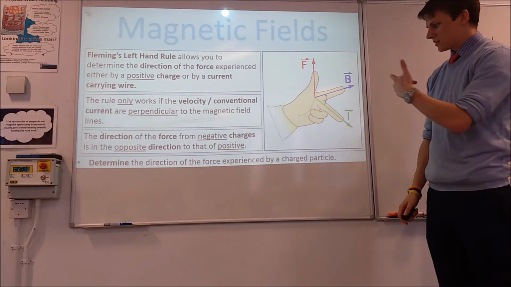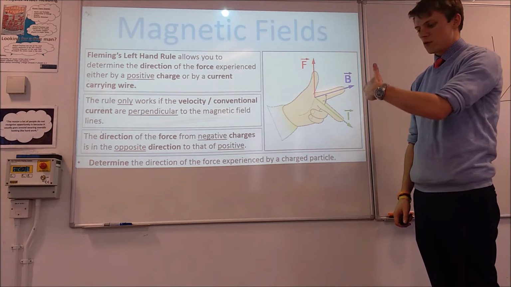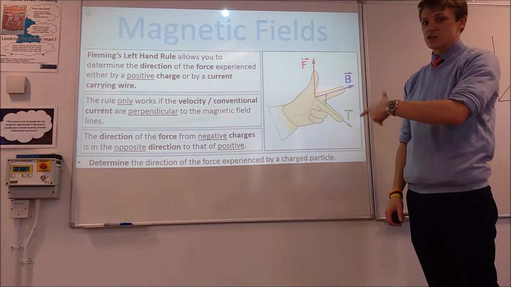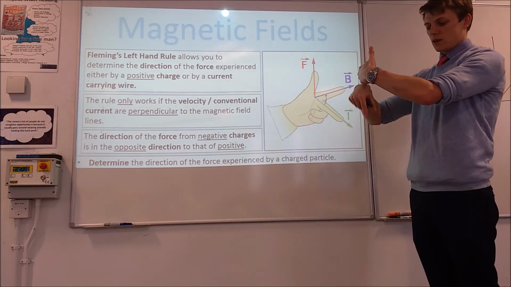This will tell us the direction of the force on a positive particle. If we want to know the direction for a negative particle, it's just going to be in the opposite direction. So if your thumb's pointing up, for a negative particle, that means down.